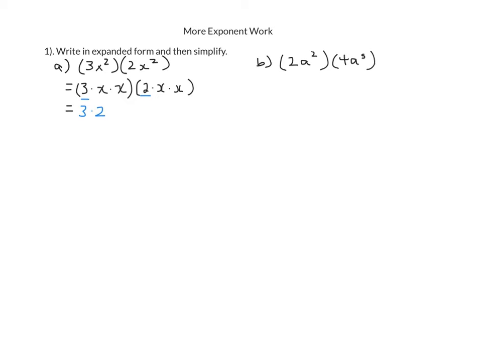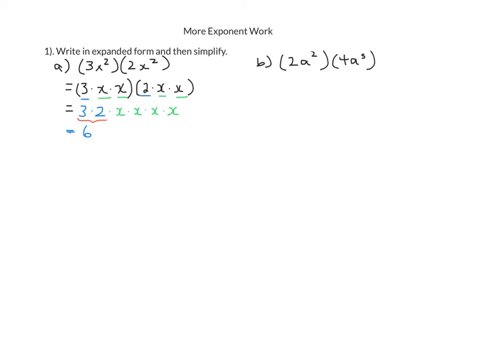So I'm moving my number parts to the front, and then I'm going to take the letters here. I have x times x times x times x. I'm just rearranging the order in which I'm multiplying. What we can do then is actually this multiplication of 3 times 2. 3 times 2 is equal to 6.